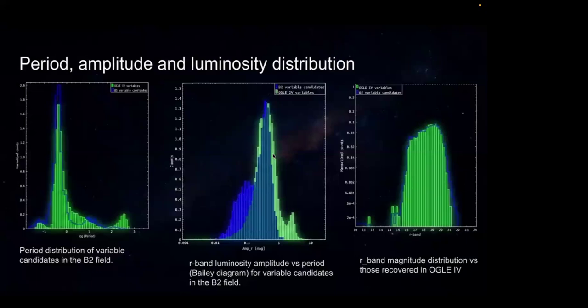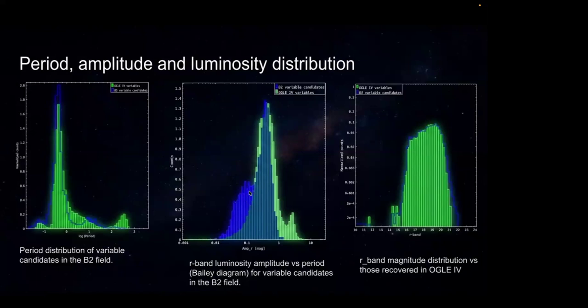Here in the middle, you will see the amplitude histogram. OGLE is shown in green and ours in blue. You will see the extra part of this histogram, which shows that our pipeline does well for short amplitude variable candidates.